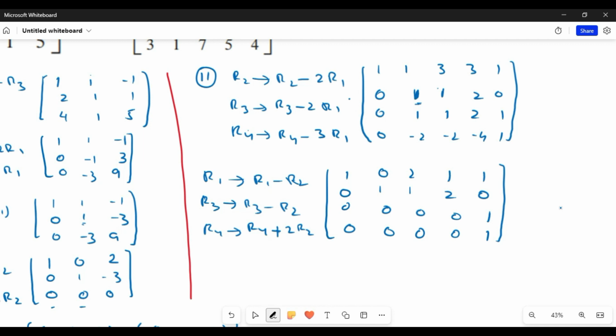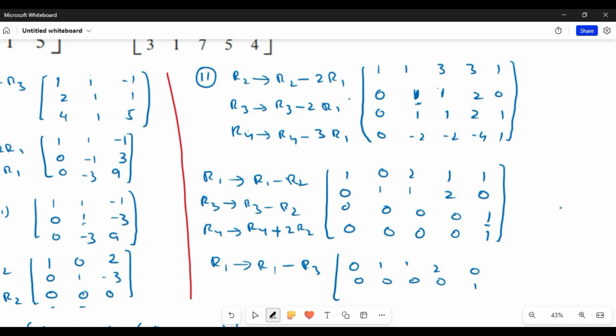We can write a formula to make this element zero. See, this is our third row, the leading element is 1 here at the extreme end. So we want to make the above and below elements, the column elements, to be 0. So the formula for R1 is R1 minus R3. No change in the second row, 0 1 1 2 0. Third row 0 0 0 0 1.